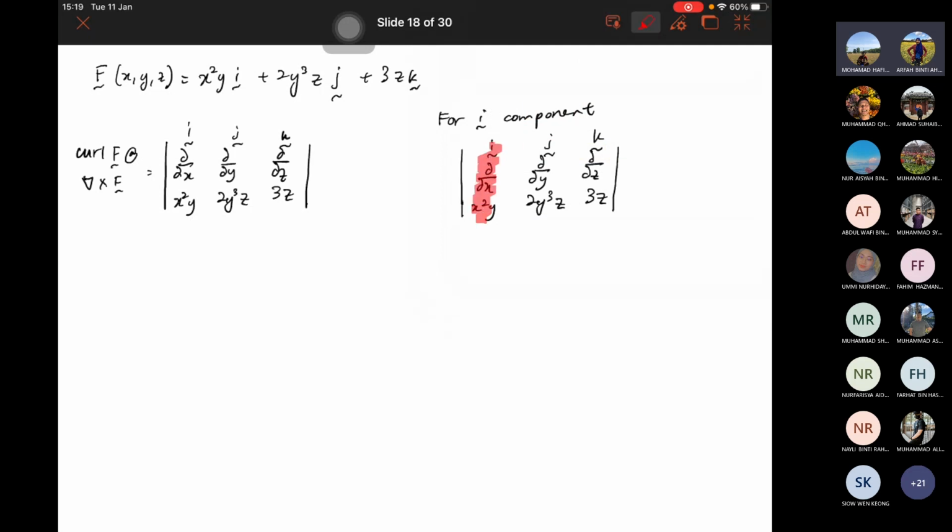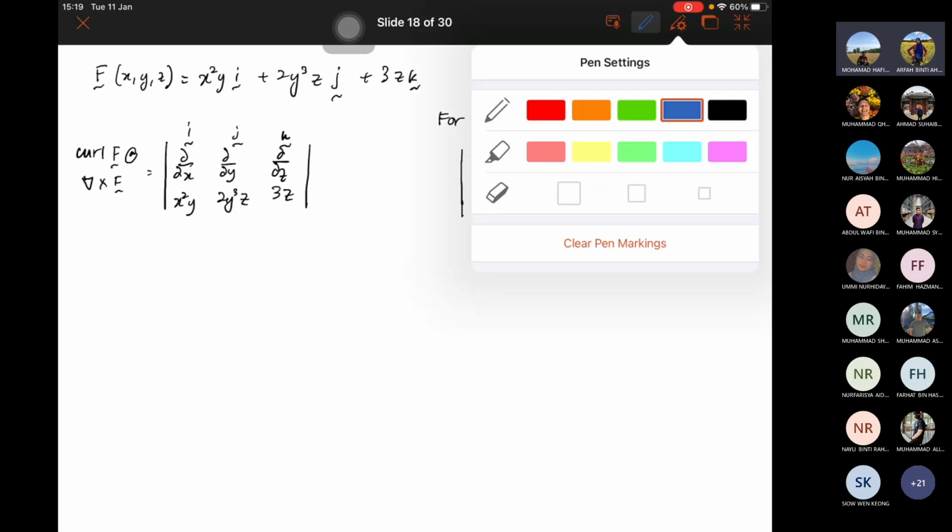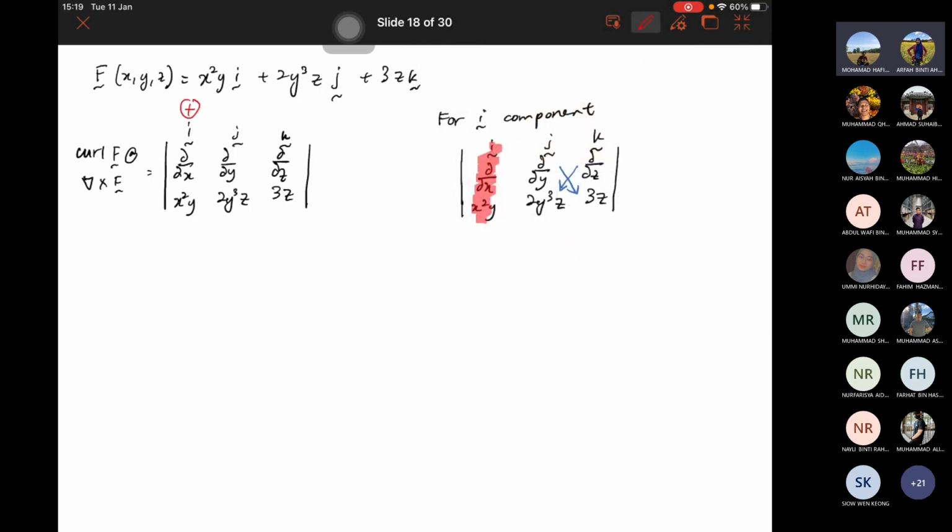So tutup kolom i, you are going to have the cross multiplication for this one. And remember you have the plus, minus, plus sign. So it will become delta over delta y 3z minus delta over delta z 2y cube z. This is for i component. Okay. So buatlah dia punya partial derivative.